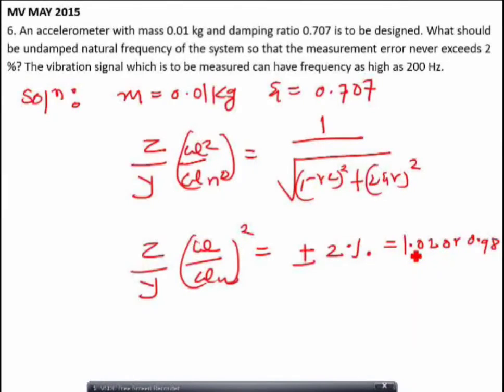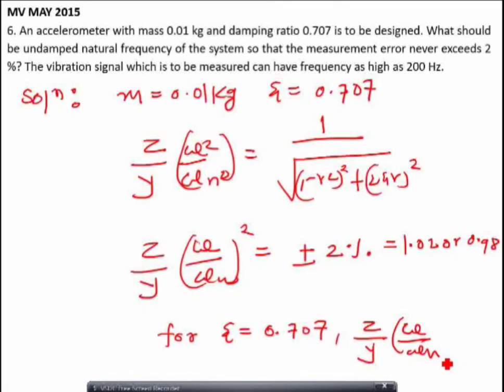Now from the graph we have understood that for zeta equal to 0.707, this is such a value of zeta where the curve does not cross the line of Z by Y equal to 1. So we will select Z by Y upon (omega by omega n) bracket square equal to 0.98.